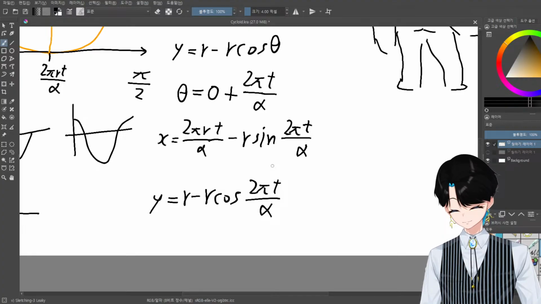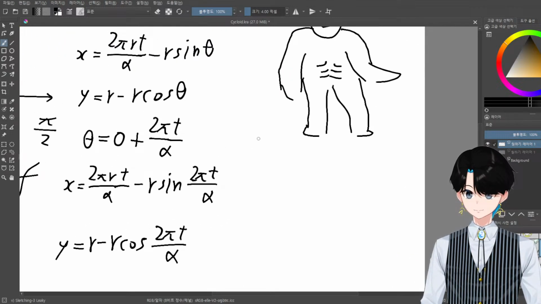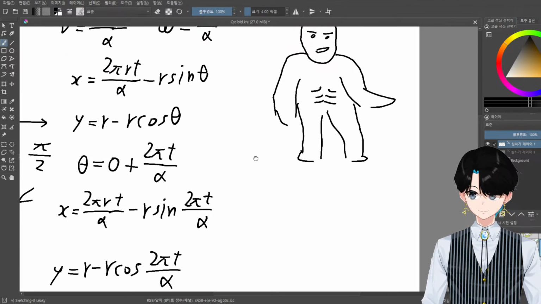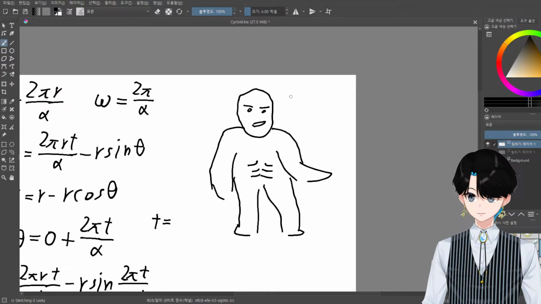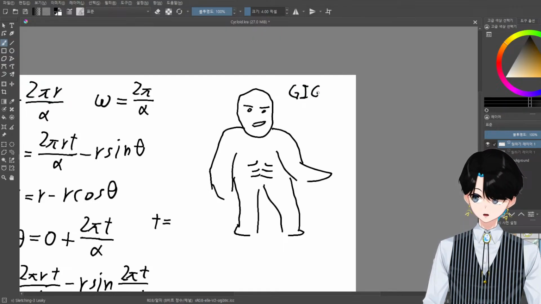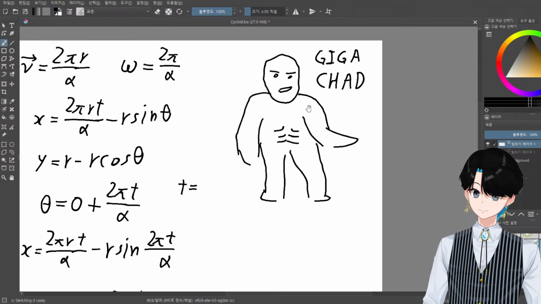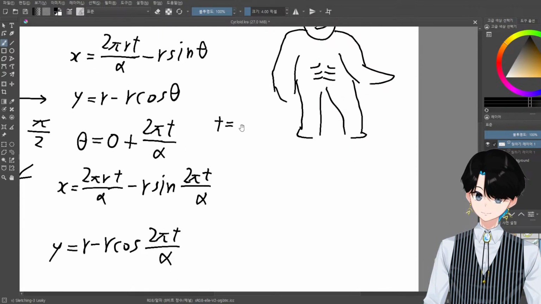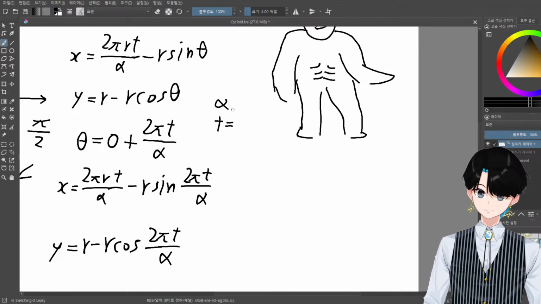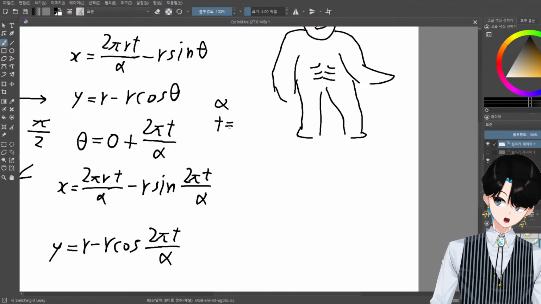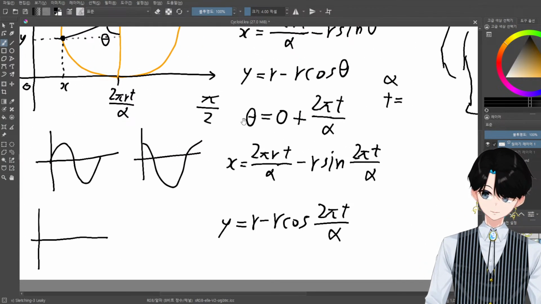In case someone gets confused on what this is: alpha is the total time it takes, and T is the time between 0 and alpha.